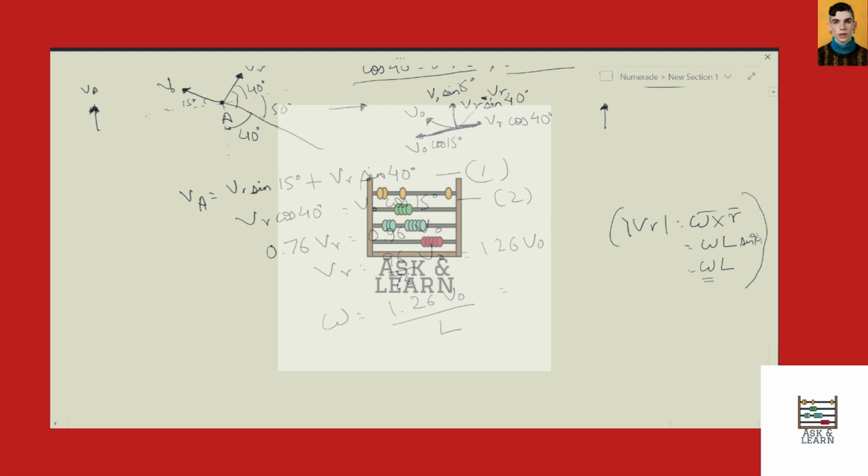So we can put numbers for V naught and L. So 1.26 V naught was 6 inches per second, and then length was 20 inches. So inches cancel. So the units is 1 over second, and this is correct because radians are dimensionless.